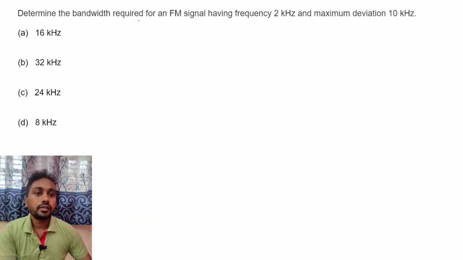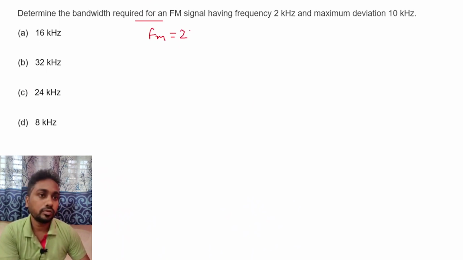Determine the bandwidth required for an FM signal having frequency of 2 kHz and the maximum deviation is 10 kHz. So we have fm as 2 kHz and del f, the maximum deviation, is 10 kHz.